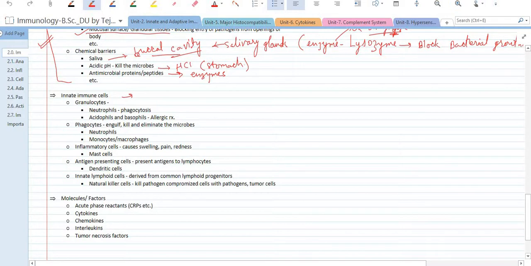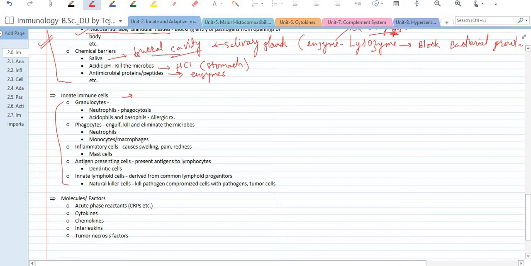Okay, so these are a few examples, but wait for some time because I will upload a separate video for each and every one of these cells. You will understand the details in those videos.